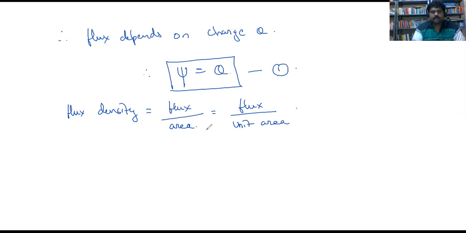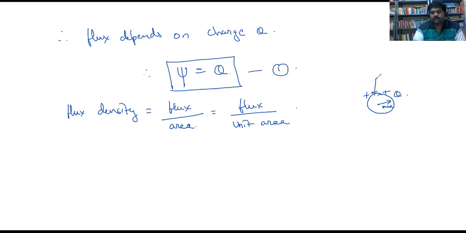Density means something divided by volume or area or length, etc. In this case, we want flux per unit area. Why flux per unit area? So this was the sphere. Charge Q was distributed, and the radius of this was a. On this sphere, we wanted to know the density of the flux.